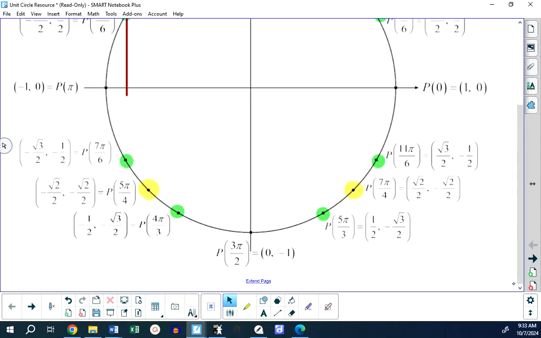And I'm glad to see that most of you, as you're completing this diagram, are completing it on your own. You're not looking up here and copying the numbers down. If you are, that's fine, but you have to be able to do it on your own.